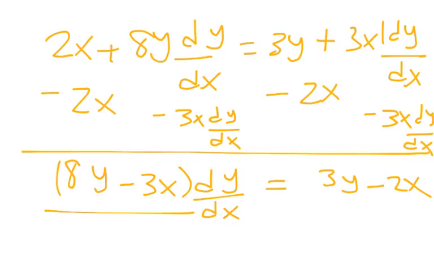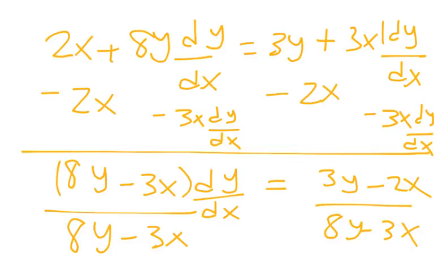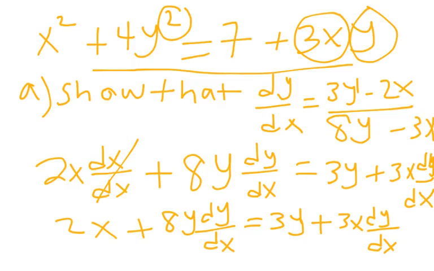So the final step is we divide by 8y minus 3x, and that will bring us to our final answer for what we were trying to show, which is this.